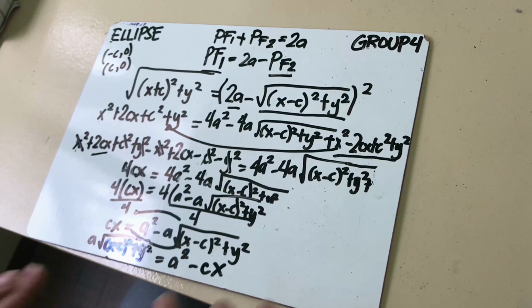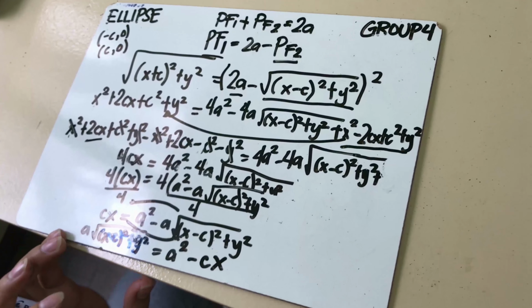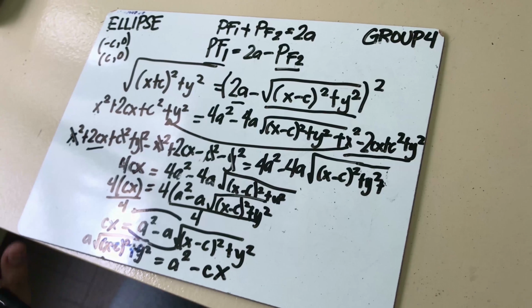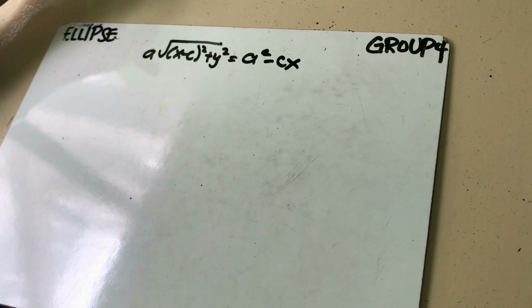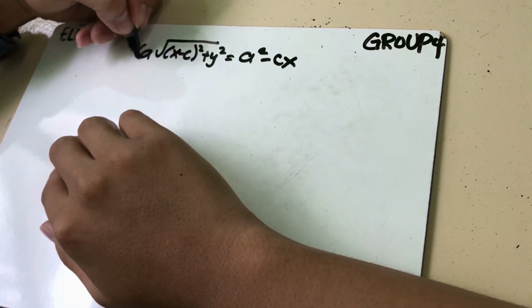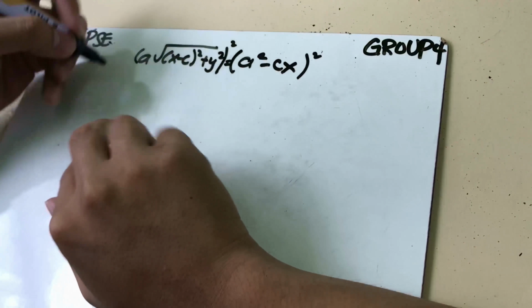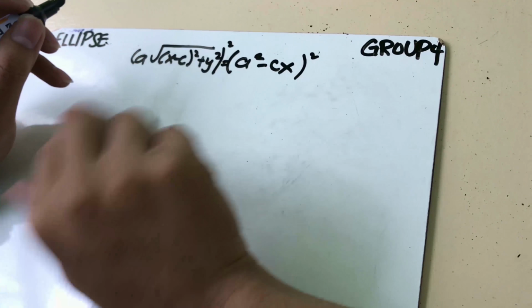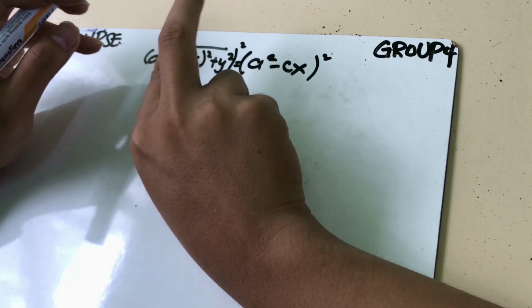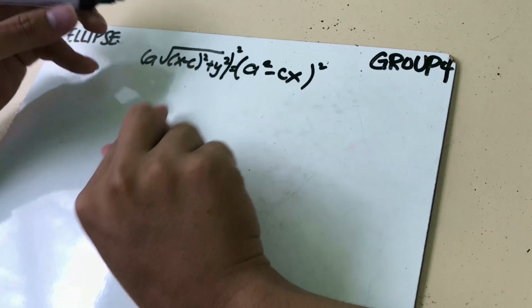Now, from that, we will continue to get to the standard equation. So we have this equation, and what we will do is square both sides. Like earlier, aside from taking off the radical, we'll also simplify what's inside.